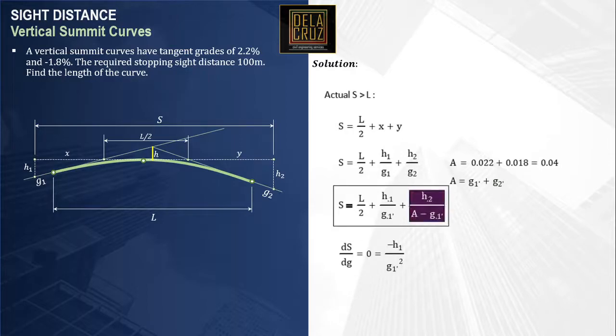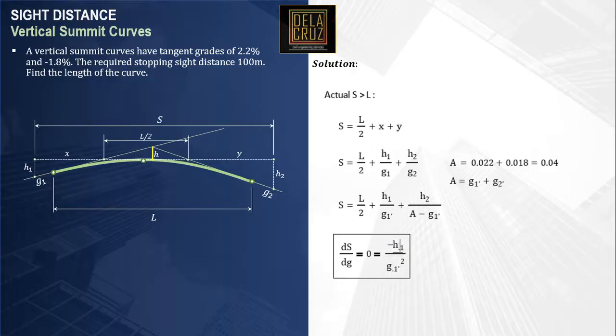Derivative of this one, we can use derivative for division, VDU plus UDV. We have here our V as A minus G1. So V is A minus G1.